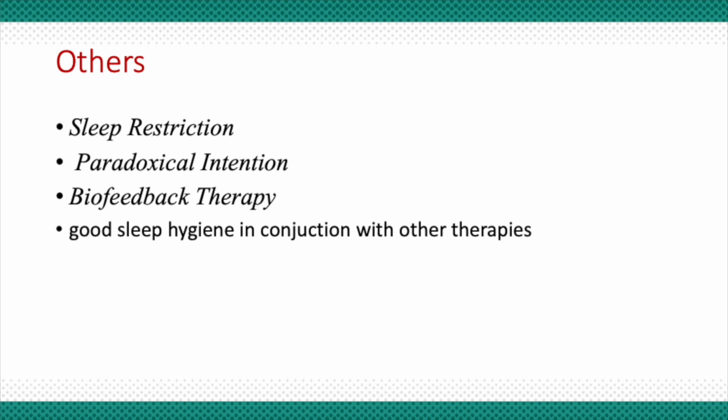There are certain therapies that are more restricted to be used when these patients are not responsive: sleep restriction, paradoxical intention, biofeedback. And something that we can do for every patient is sleep hygiene therapy. Although sleep hygiene therapy alone may not be very effective, it's a very important addendum, and we must add sleep hygiene practices to improve the overall sleep of our patients.